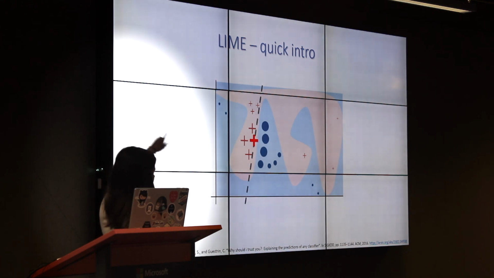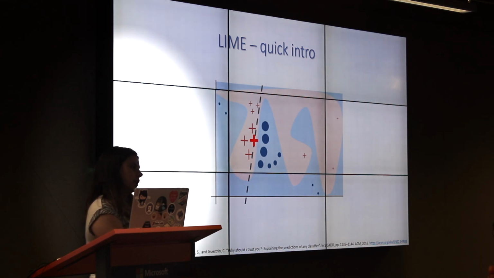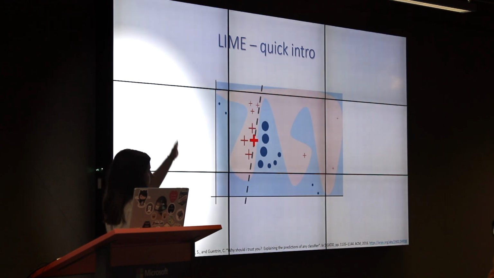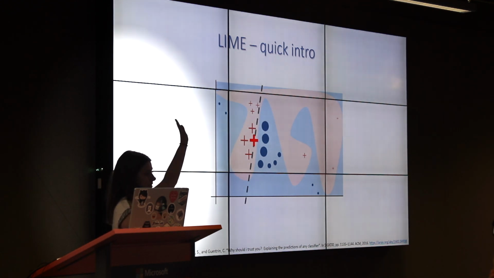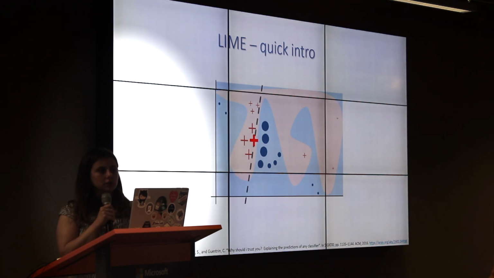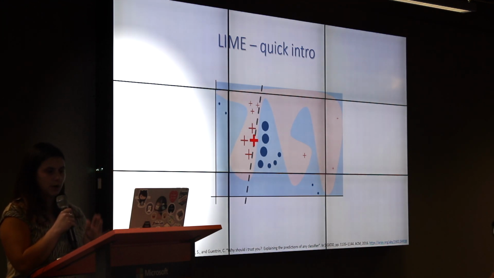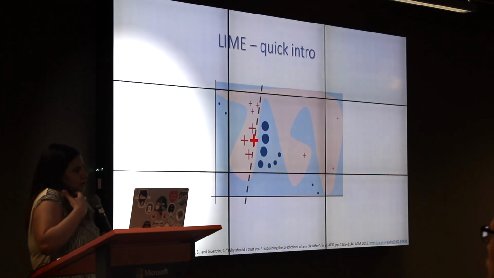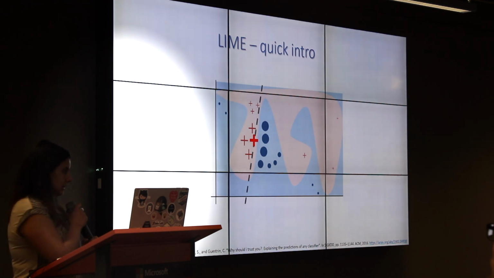Every single point is weighted, so as you can see, it's bigger based on how close it is to your original input. And basically then you're just fitting a linear model, which in this case is a line, to learn what the local decision boundary is for that particular input. So the intuition is really simple in this case.